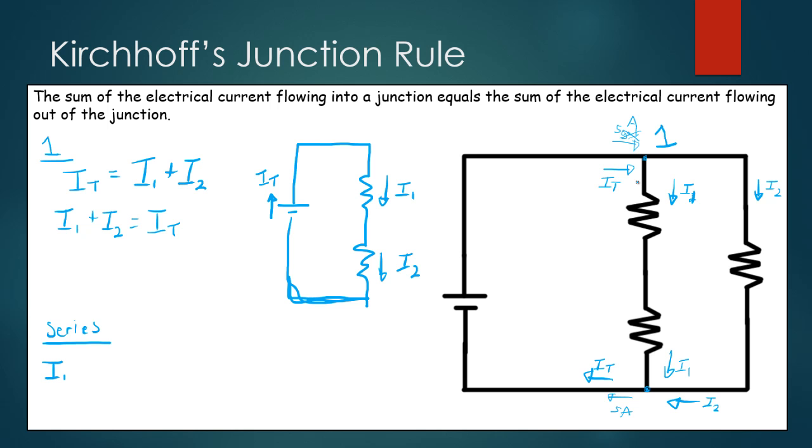So I1 equals I2. The current in my first resistor equals the current in my second resistor. Now in parallel, the total current equals the total current from the battery. In parallel, the total current equals I1 plus I2, plus all my other branches. So this is how current behaves in series and parallel circuits.